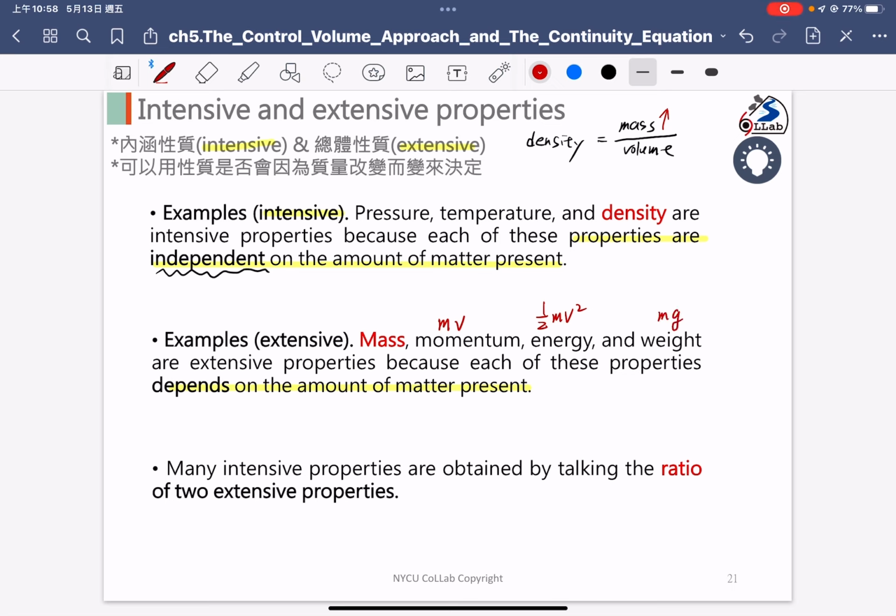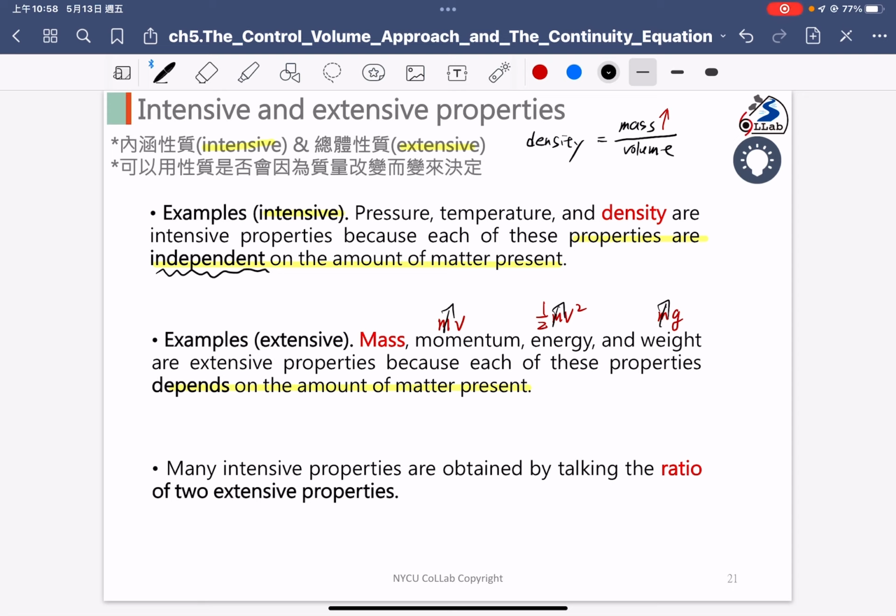So all the properties shown here are functions of the mass. Because when the mass increases, the momentum will increase, the energy will increase, and the weight will increase. So I tell you the extensive properties depend on the amount of the matter present.